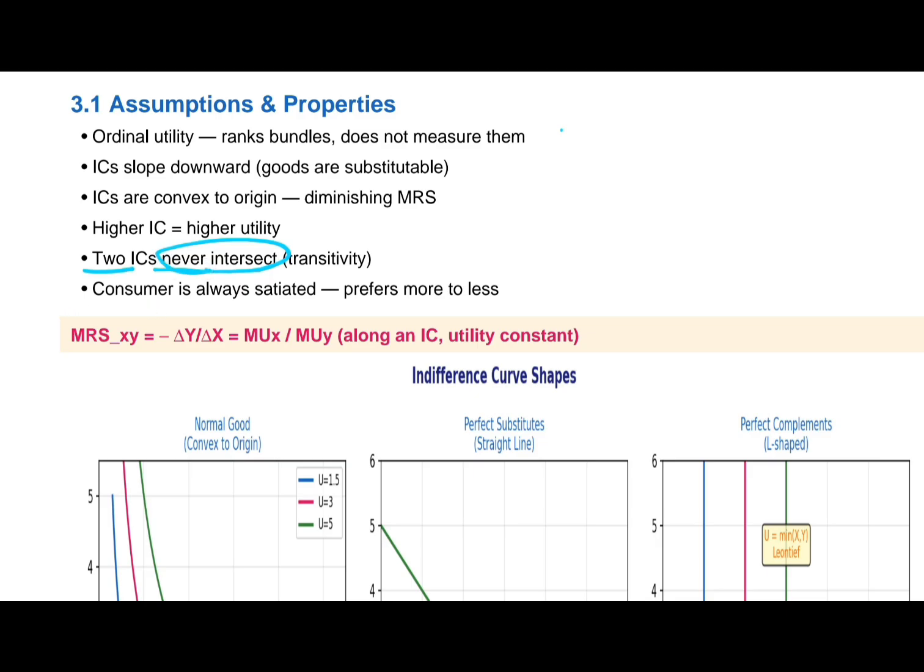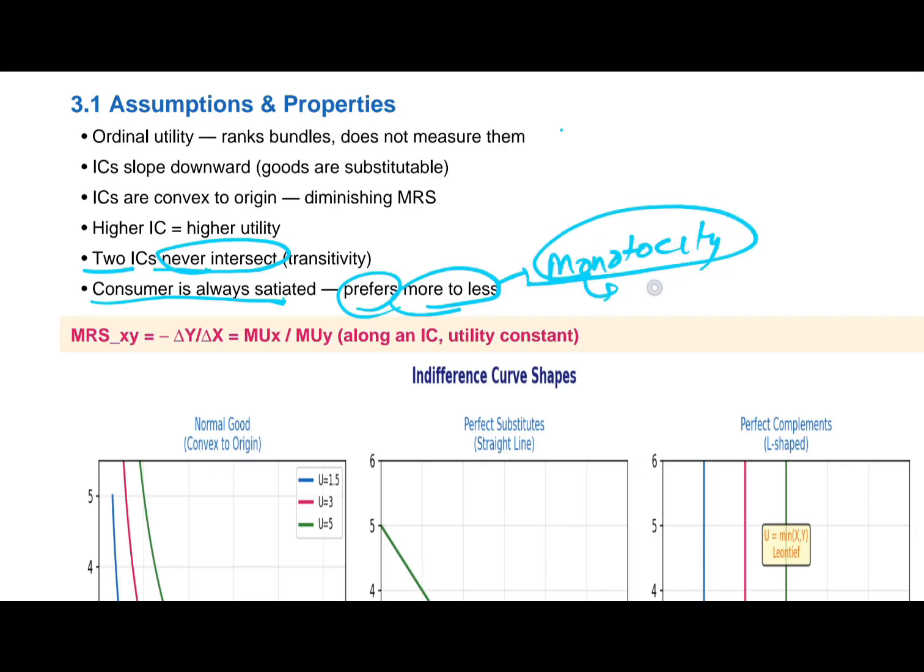The third and last property: the consumer always prefers more to less. It means monotonicity. The consumer prefers those bundles which have more of any one of the goods and the same of the other good.